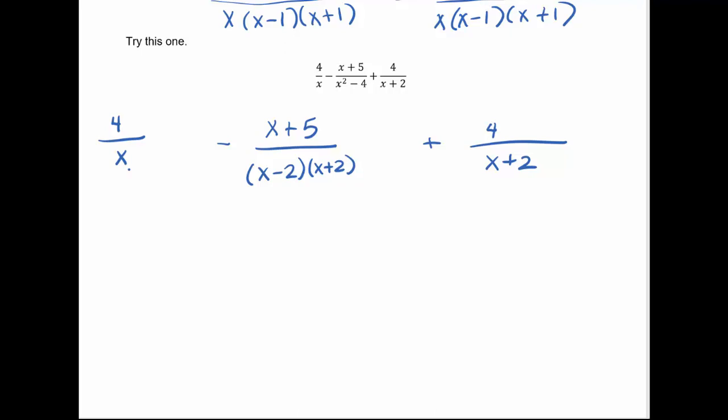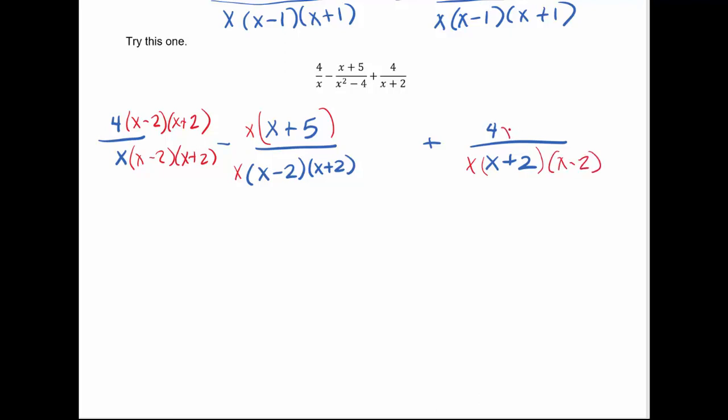We have an x minus 2, and an x plus 2. I'm going to multiply by x minus 2 and x plus 2 here. I need to multiply by an x here. And I need to multiply by x and x minus 2 here.